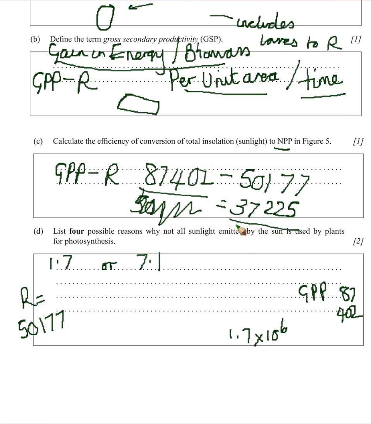So either it is 1,700,000, or you divided it by 7,100,000. Okay, which this one is probably the more likely one that you use, since it did ask for total insolation. If you did this one, you ended up with 0.52%.